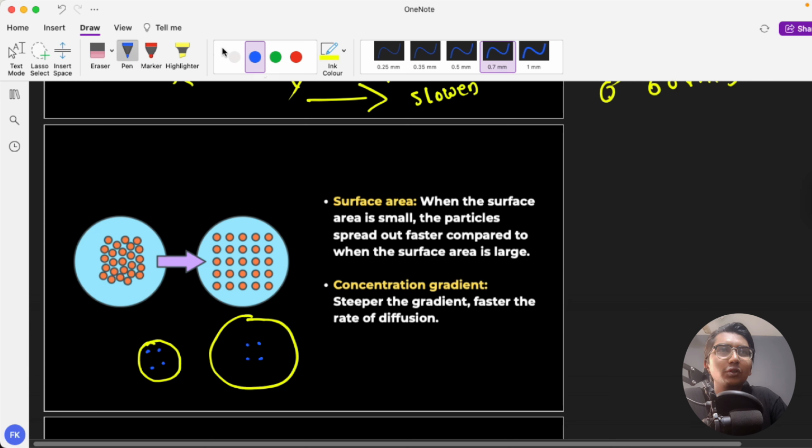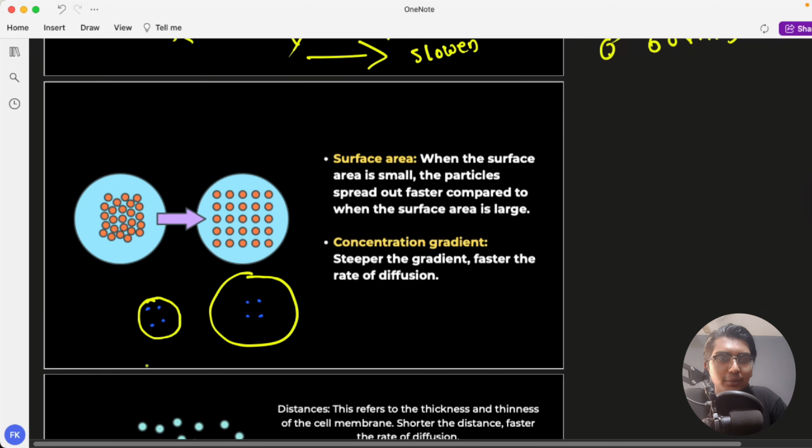Now tell me which one will diffuse faster. Suppose this is 1, this is 2. If your answer is number 1, you are absolutely right.